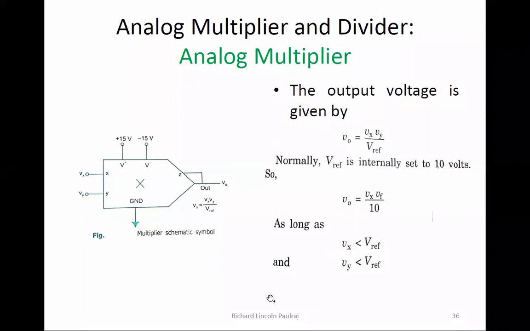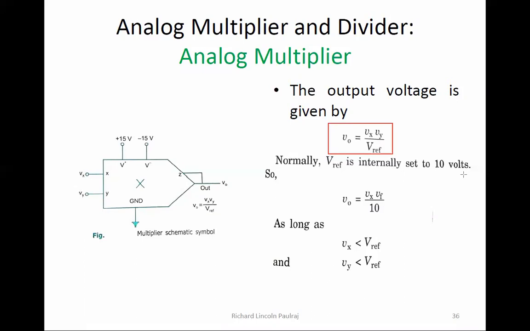Now let's get into the equations and understand how this works. The output is given by Vx into Vy divided by the reference, as we saw. This formula is important, and all of you should make note of it: V naught is equal to Vx Vy divided by V reference. As I was telling you, V reference is usually set to about 10 volts.